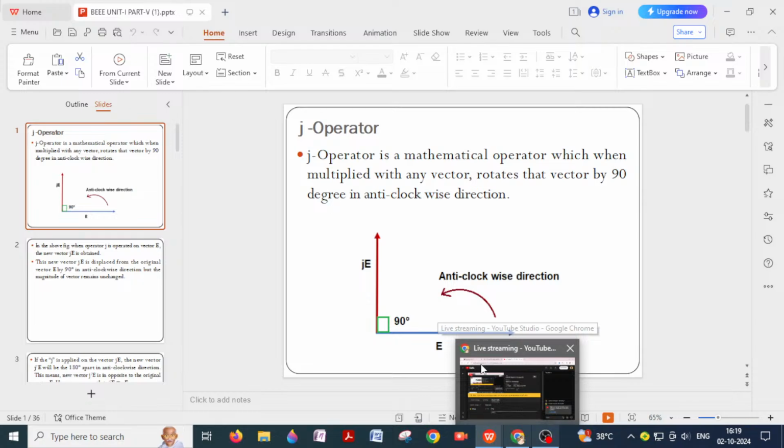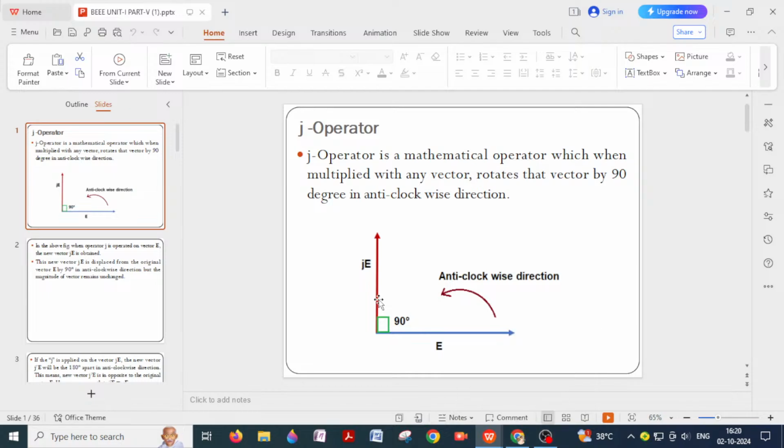If you see, there is a voltage vector E. This voltage vector will be shifted by an angle of 90 degrees in the anti-clockwise direction because of multiplication with J. So when you multiply E with J, there will be an angular displacement by a 90 degree angle.